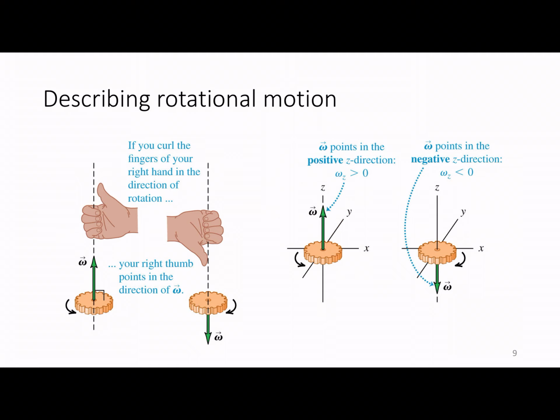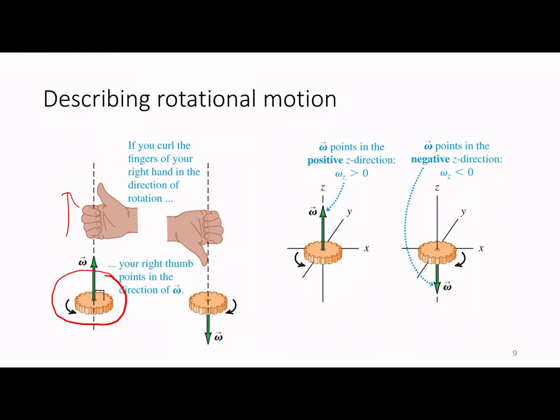What you want to do is you want to imagine the object is spinning. And what you're going to do is you're going to take your fingers. So I want everyone to take their fingers, point them straight out with your thumb pointing up, and then curl your fingers in the direction of the rotation. So for example, if I look at this gear down here, I'm going to curl my fingers in the direction shown in the picture, and you'll notice that the thumb is pointing straight up.